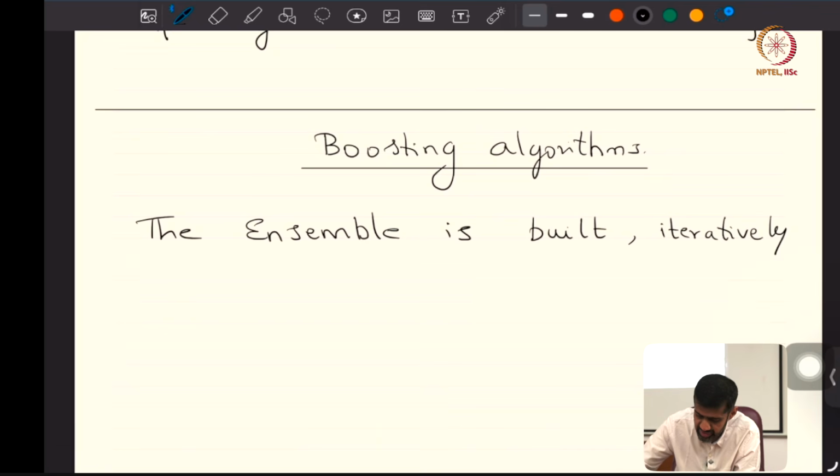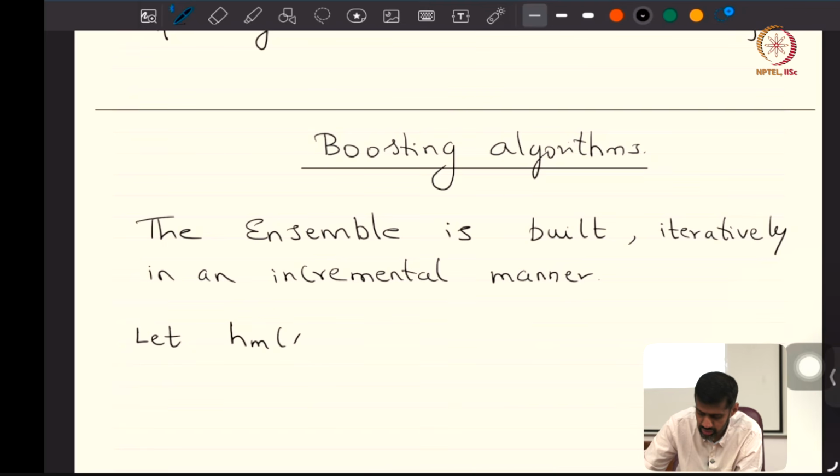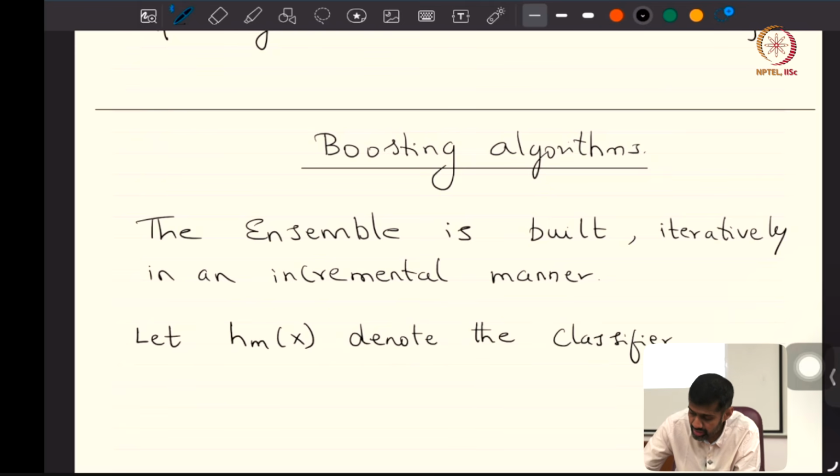Let h_m(x) denote the classifier, or the weak learner, learned at the mth iteration.